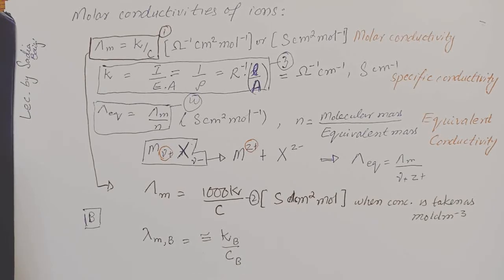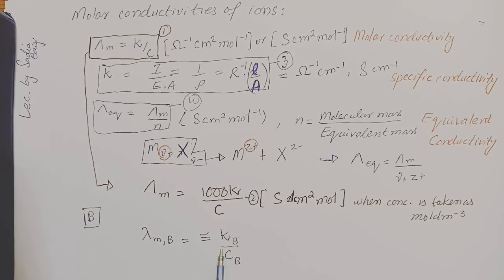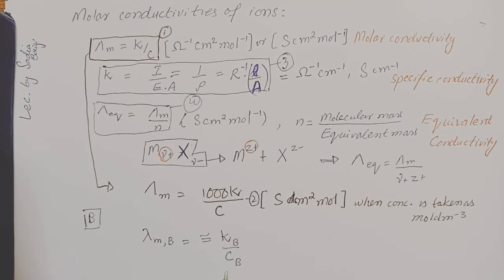So here kappa B is the contribution of ion B to the solution's conductivity, and Cb is the molar concentration of ion B. Cb is the actual concentration of ion B in the solution, whereas C in the total molar conductivity is the electrolyte's stoichiometric concentration.